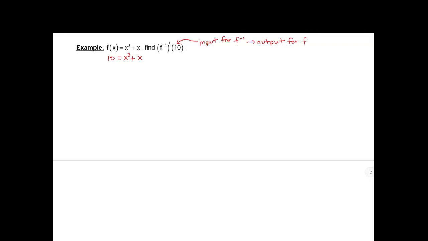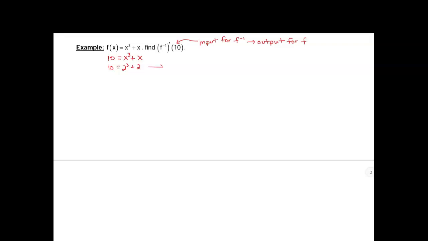That cannot be a very big number. So if you start with 1, obviously 1 cubed plus 1 is 2, then try the next bigger number, so try 2. 2 cubed is 8, plus 2 is 10. So they are thinking that you could look at the equation and glean the value of x from that.